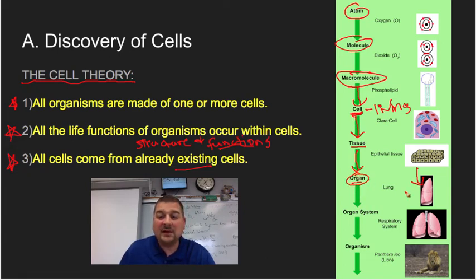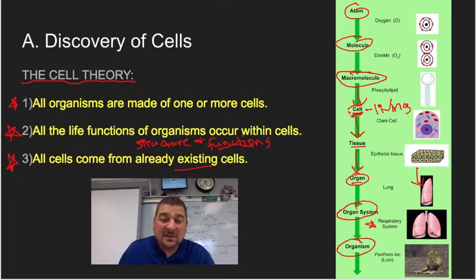You put different organs together, like the lungs, the trachea, your nose, nasal cavity, mouth, and that makes up an organ system, the respiratory system. You put all the systems together: respiratory system, digestive system, nervous system, lymphatic system, muscular system, skeletal system. Those things all then make the organism.